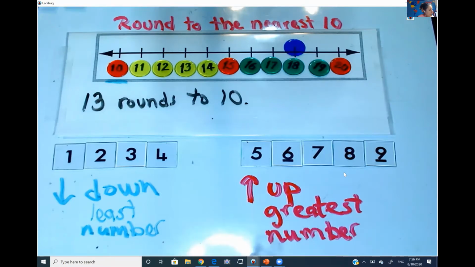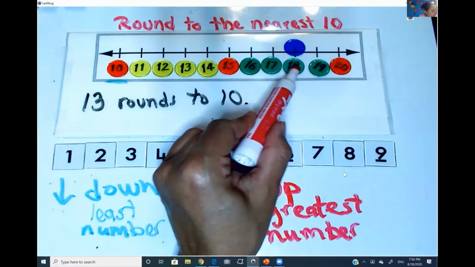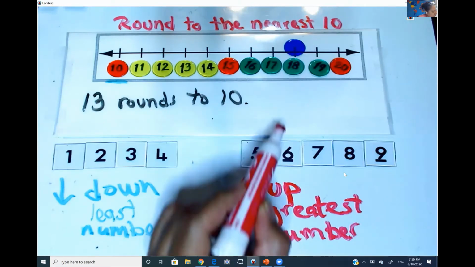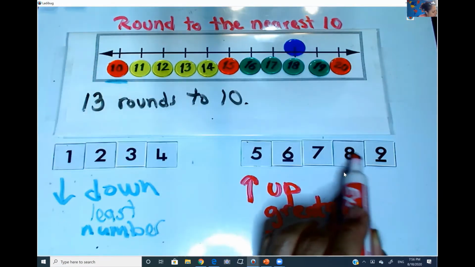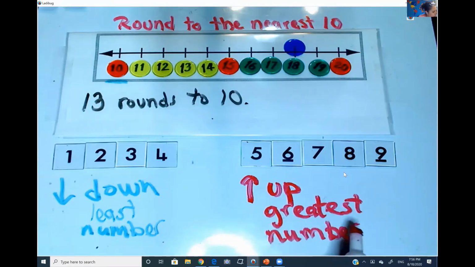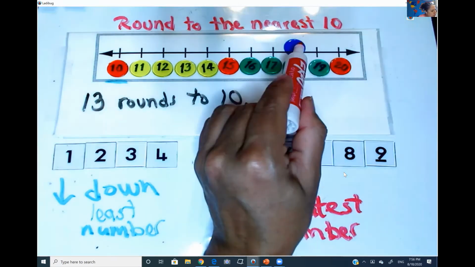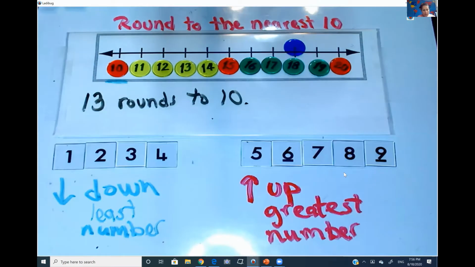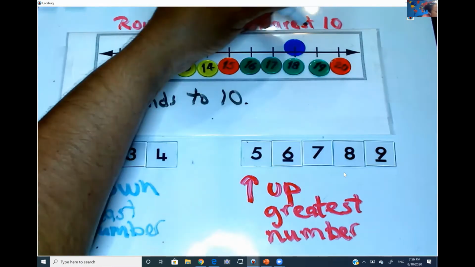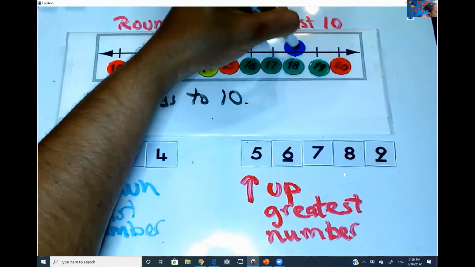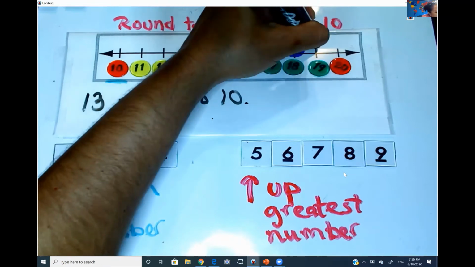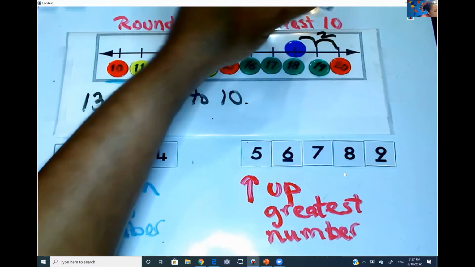For example, in this occasion, the 18 finishes in 8, and 8 is on this side, and that means I have to move up to the greatest number. Now, my greatest number this time is going to be 20. And just to make you see it easier, if I'm at 18, I only have to do 2 steps, 2 places to get to 20.